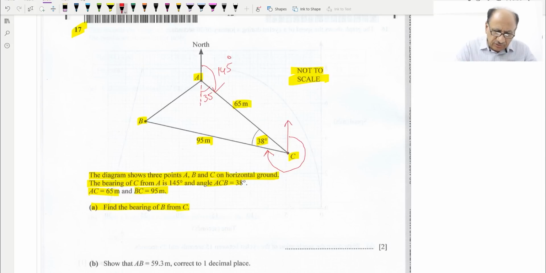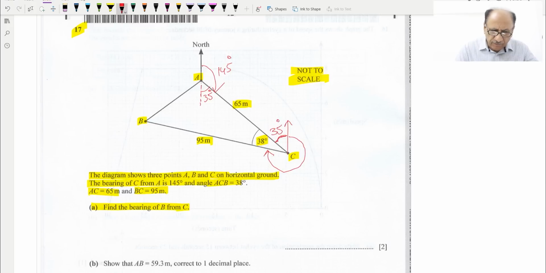So this angle is 35. This north and this north are parallel to each other, so this angle will also be 35.